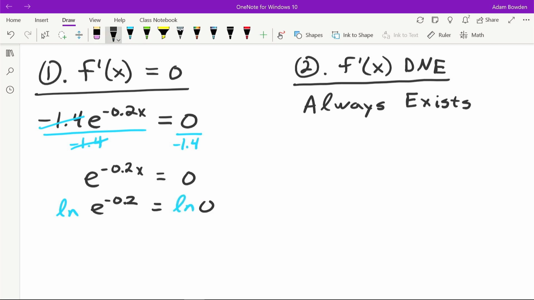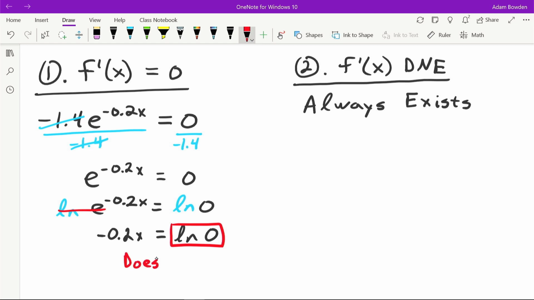We take the natural log, well, it does allow us to get rid of ln and e here, leaving just the negative 0.2x. But on the other side, ln of 0 actually doesn't work. If you try to plug that in the calculator, it'll say undefined.